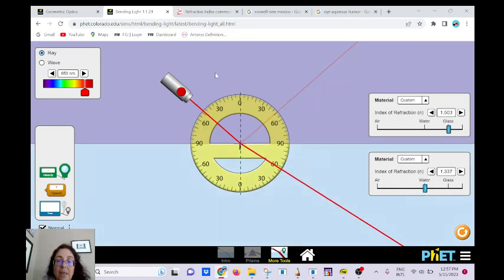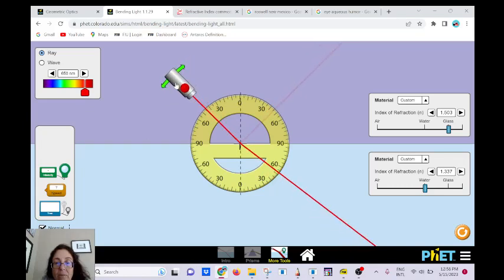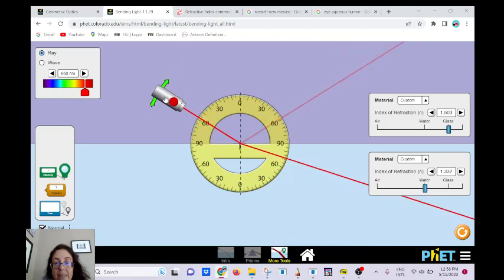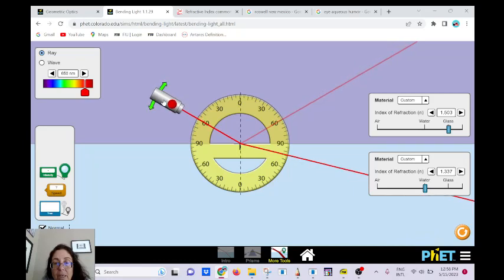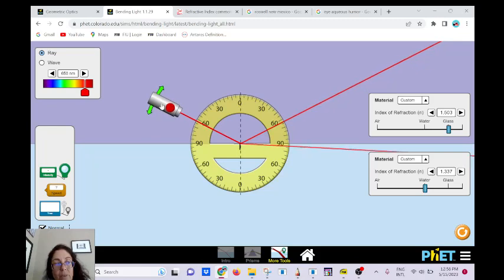So you see here, I still go from slower to faster, but you see at 40 degrees it can escape. Then you have 50 it can escape, 60 it can escape, and then I increase again, 65 it's gone. So the critical angle is about 62.